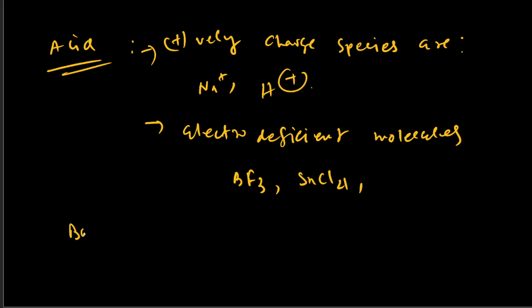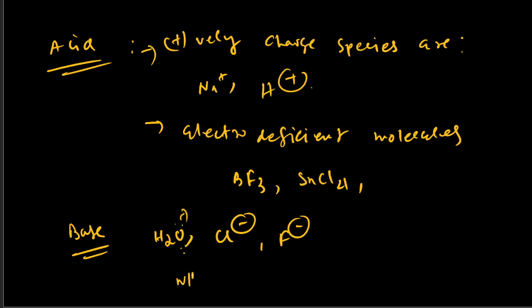And for base, which have the lone pair of electrons to donate, like H2O, Cl minus, F minus, these are all Lewis bases, and these are neutral. Here the lone pair is able to donate, like NH3.